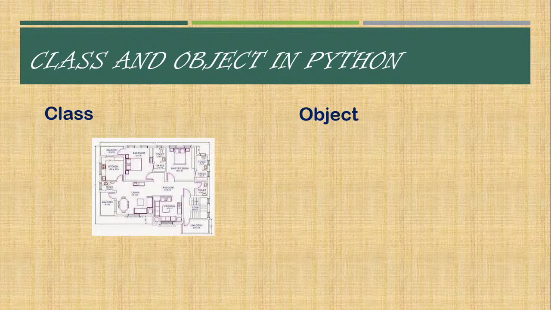So what the architect will do, he will first of all draw a sketch, and depending upon the blueprint which has been drawn, because in a building we know that there would be different rooms, there will be balconies, there will be different portions in a building.